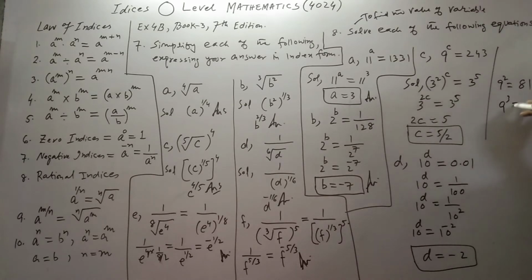So 9 to the power 3 is 729. So there is no power of 9 which gives 243.